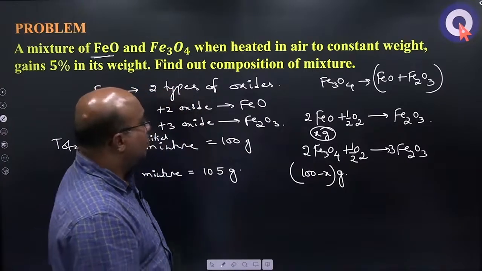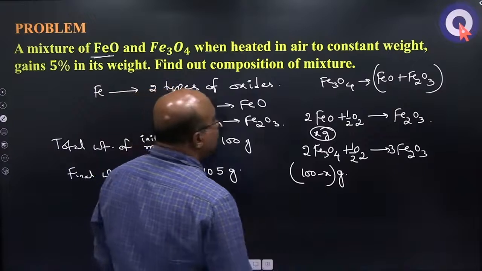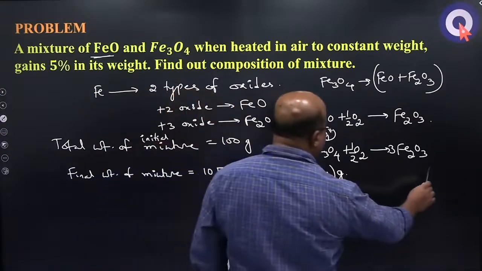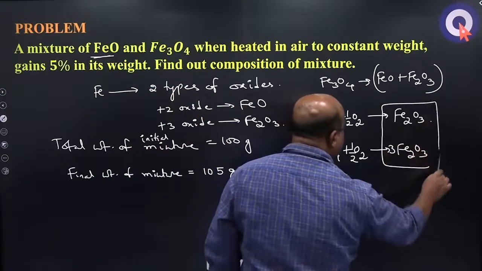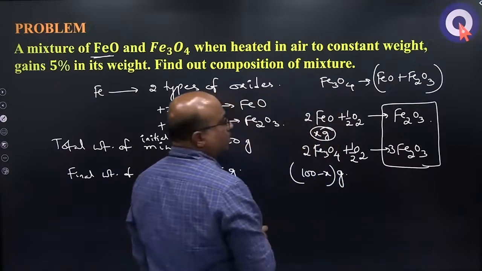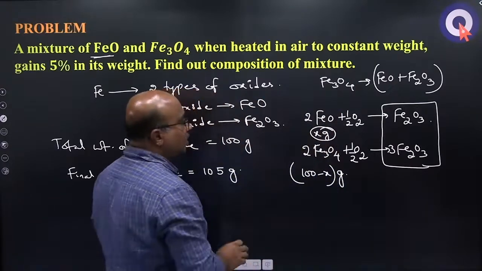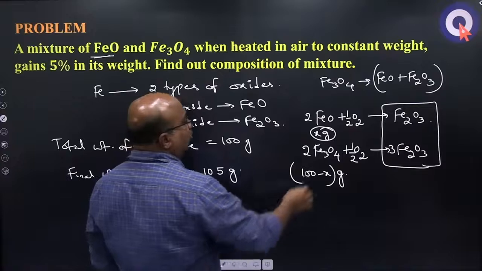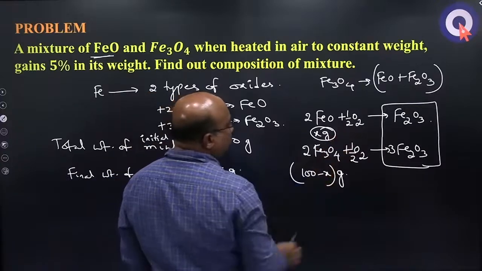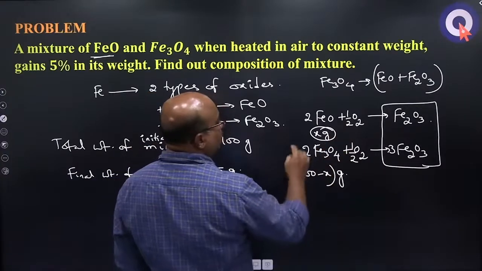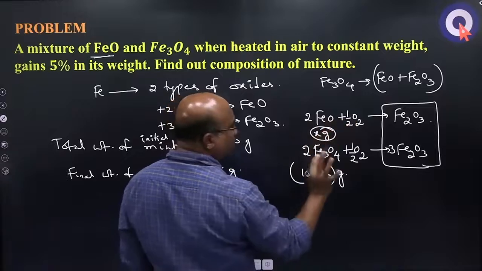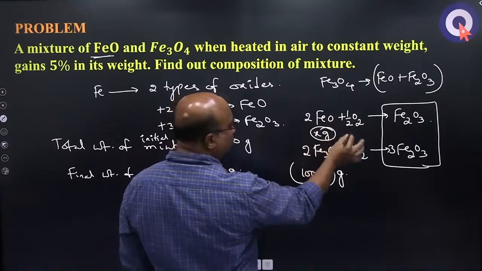Now we see what the total weight of the mixture should be. Clear? What is actually adding is only oxygen. So for iron oxide, how much oxygen is required? For x grams, how much is required?